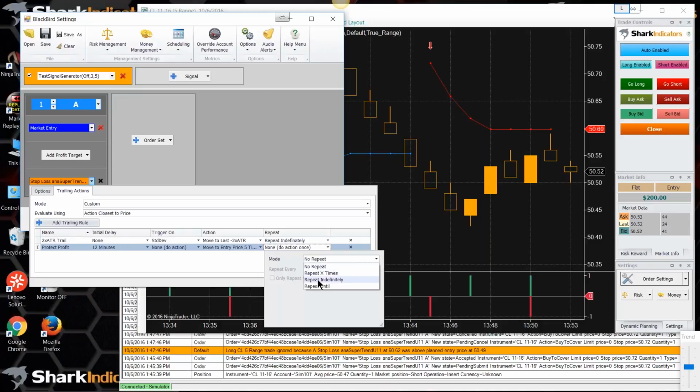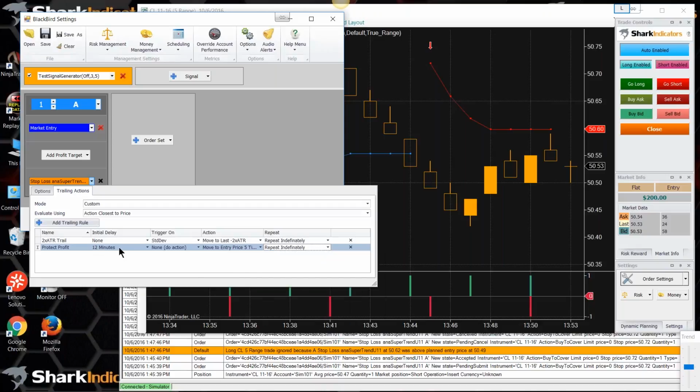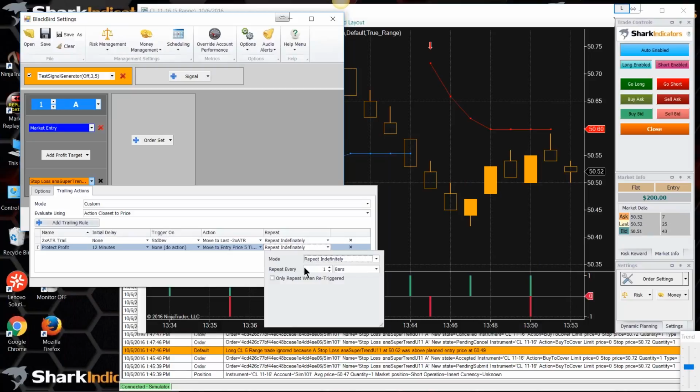If I wanted to, I could say repeat indefinitely and repeat every bar. So as soon as 12 minutes is over, the action will execute forever because I have my repeat set to indefinitely. This action is going to repeat indefinitely until the order is closed out. And of course, I have it set to repeat every bar, so whenever a bar closes, this action will repeat.